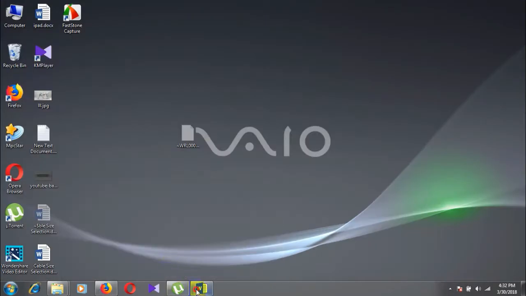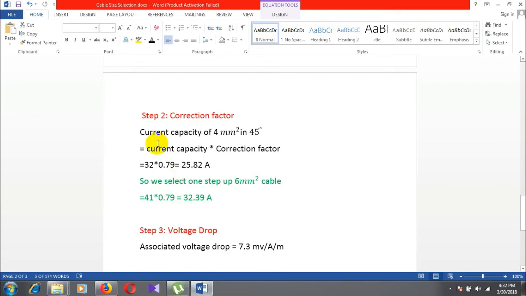So now our current capacity of 4 millimeter square at 45 degrees Celsius is current capacity multiplied by correction factor. The current capacity of a 4 millimeter square cable is 32, and the correction factor at 45 degrees Celsius is 0.79.